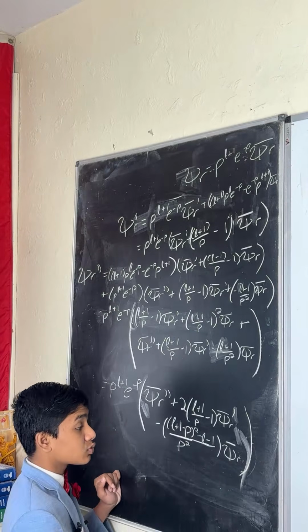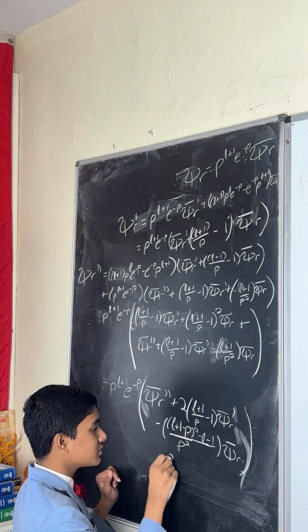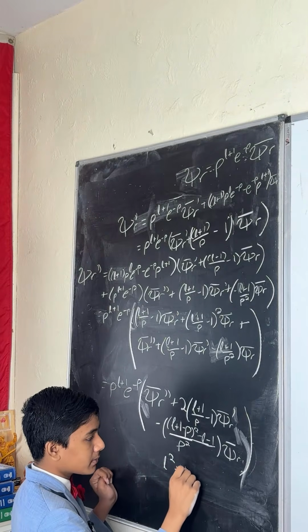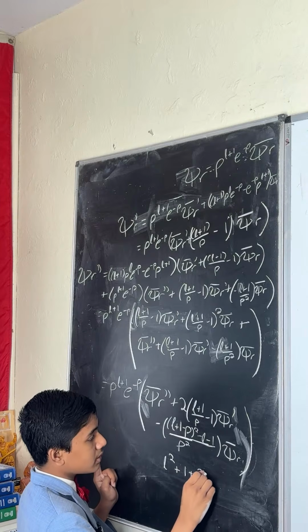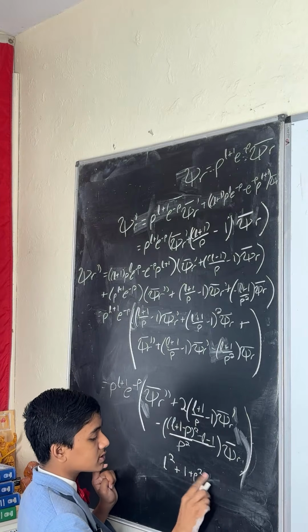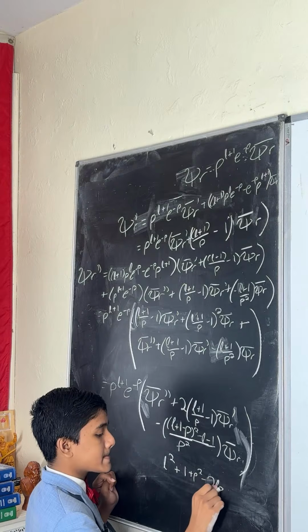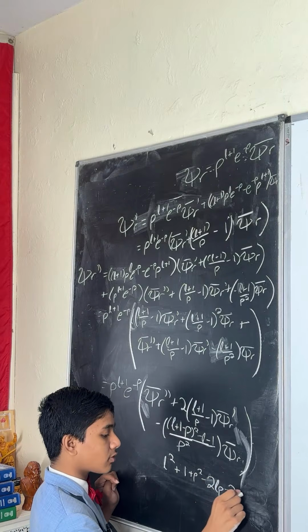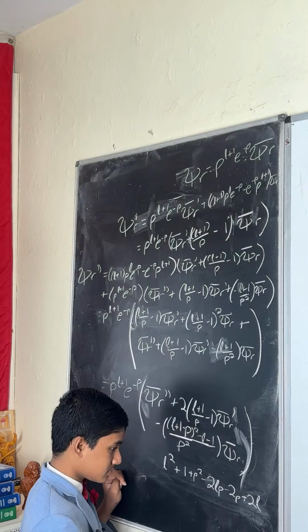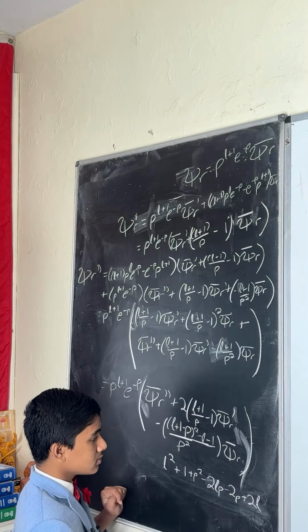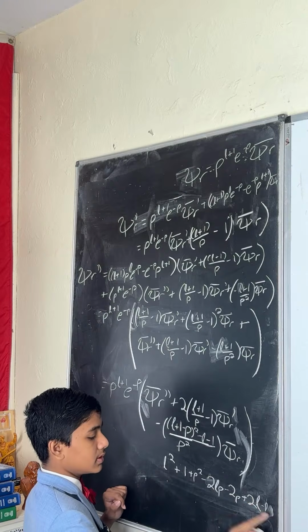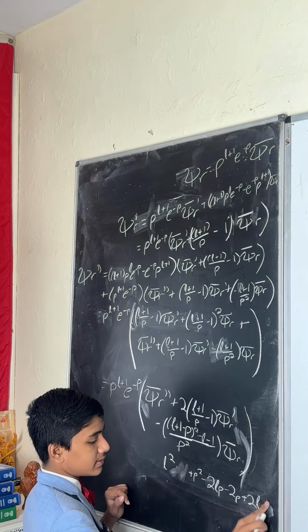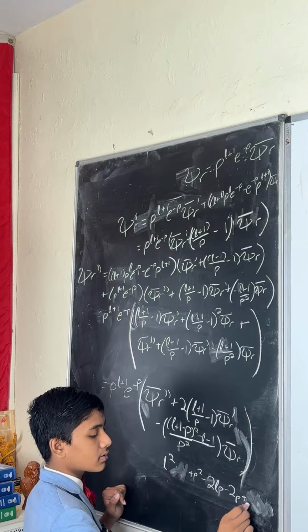L plus 1 minus rho squared is just L squared plus 1 squared minus rho squared plus rho squared plus 2 times L times minus rho, which is minus 2L rho, minus 2 rho plus 2L. Okay, so that means this minus L minus 1 means this disappears, and this gets subtracted by 1.